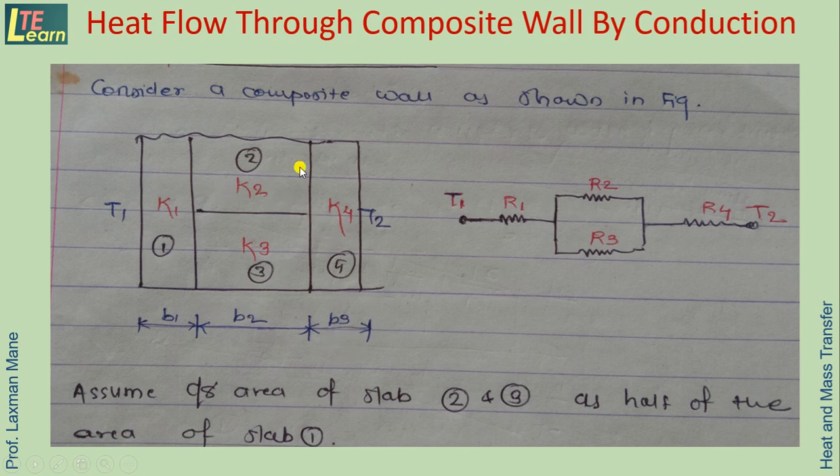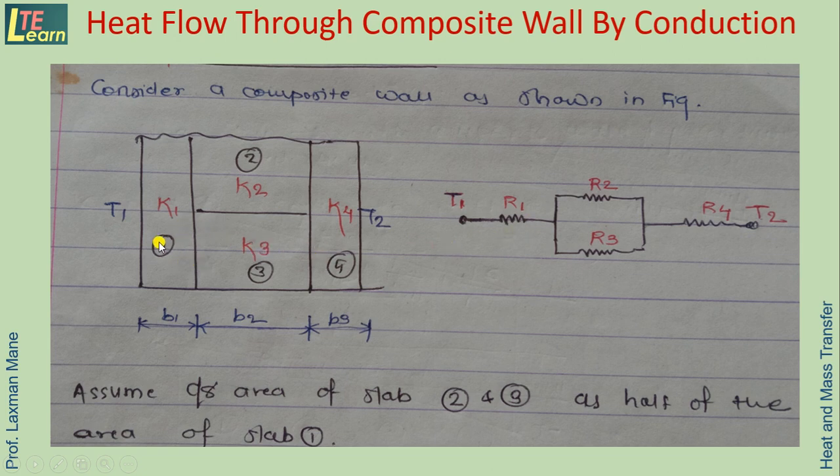Now this is a thermal diagram or thermal circuit. Draw the equivalent electrical circuit by using the electrical analogy. This is point T1, means T1 temperature, this is T2 temperature, and between them are the resistances.